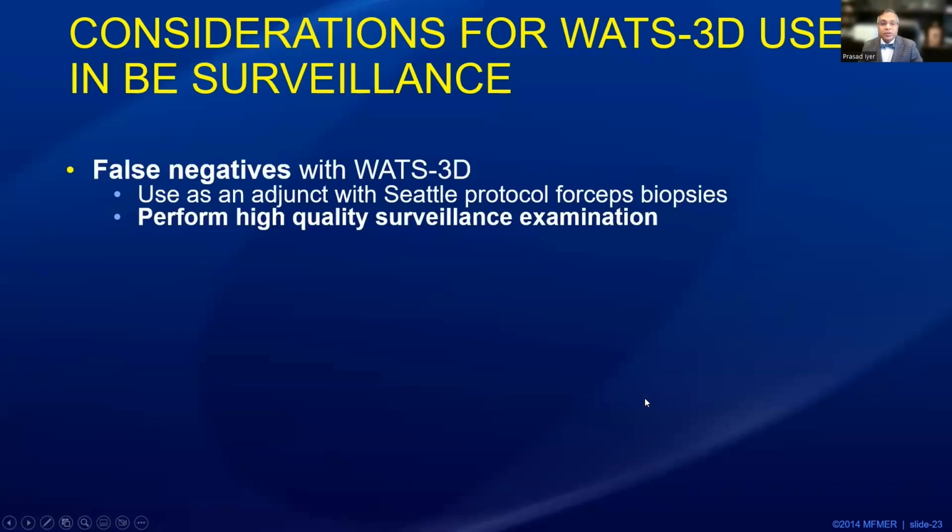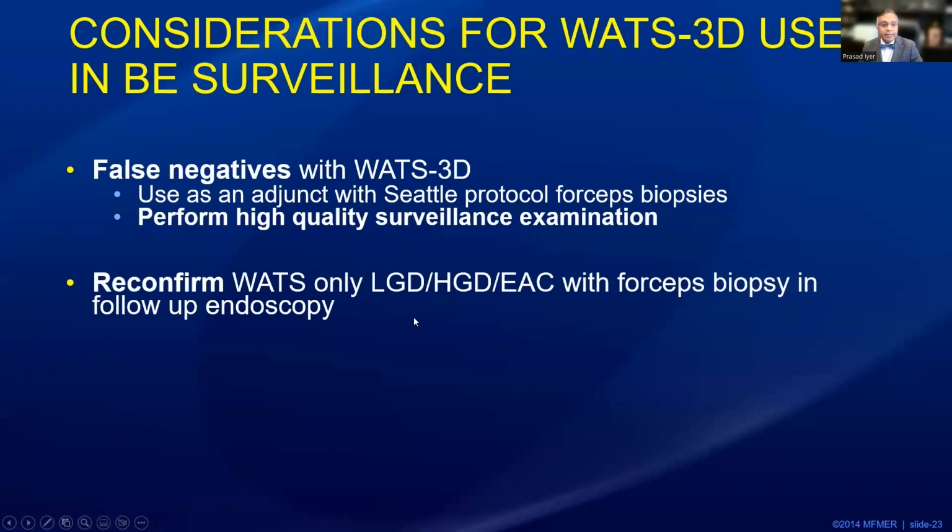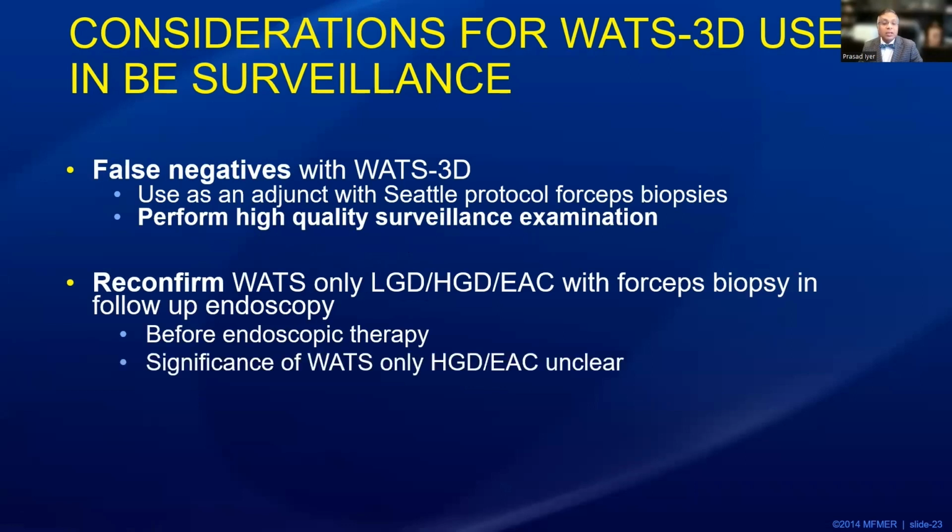So what are some considerations to keep in mind? As I alluded to before, you do get false negatives with Watts 3D, meaning the biopsies are positive, but Watts is negative. So hence, it should be used at the moment as an adjunct with the Seattle protocol. We would recommend reconfirming Watts-only low-grade, high-grade, or esophageal cancer with forceps biopsies in follow-up endoscopy before you embark on endoscopic therapy.